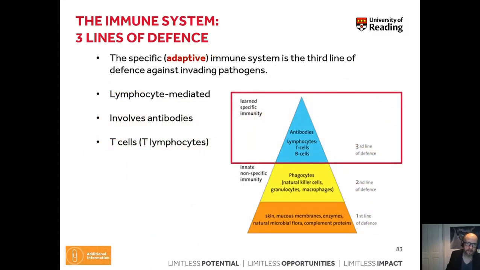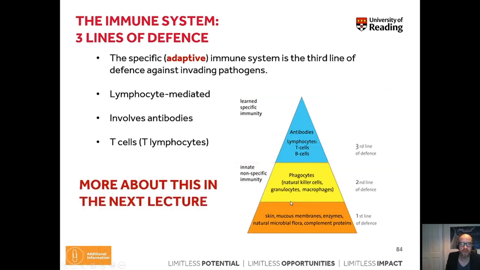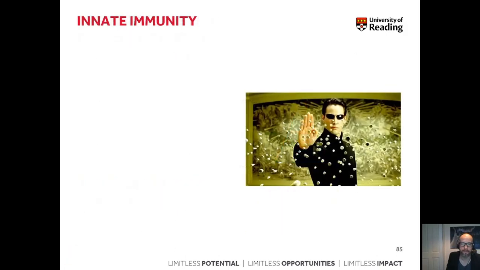In contrast, the specific adaptive immune system is the third line of defense against invading pathogens. It is mainly mediated by lymphocytes and involves antibodies and T cells. So today we are going to be hearing more about the innate immunity, whilst the adaptive immunity is going to be covered in the videos next week.